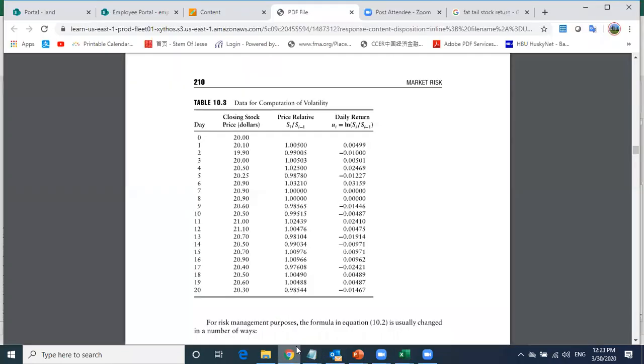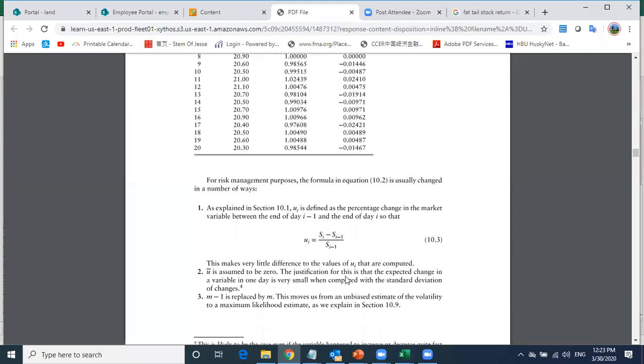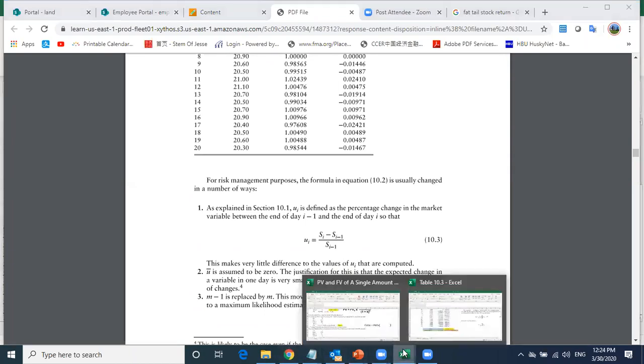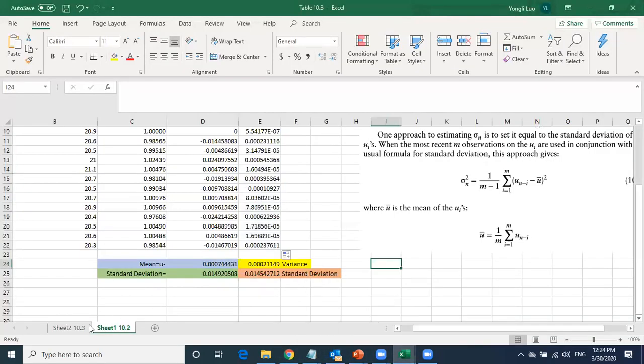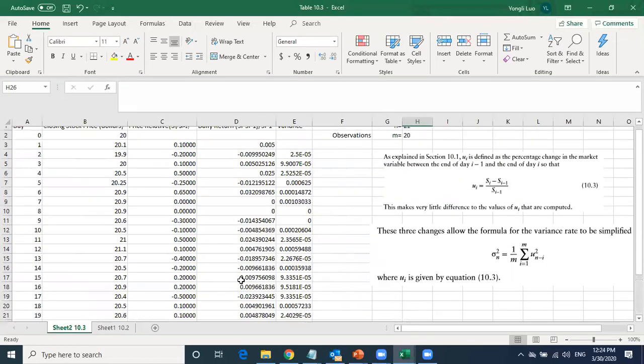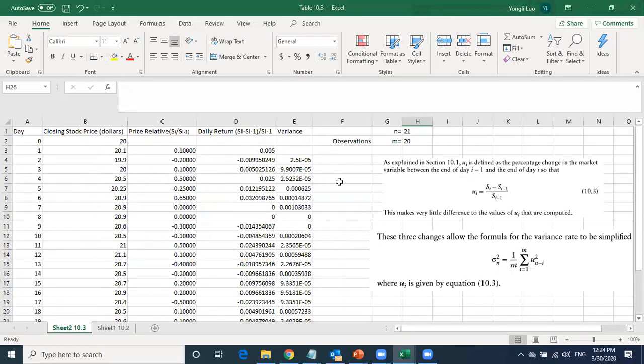Another way we can do it is using formula 10.3. Formula 10.3 uses the relative difference, the price difference.